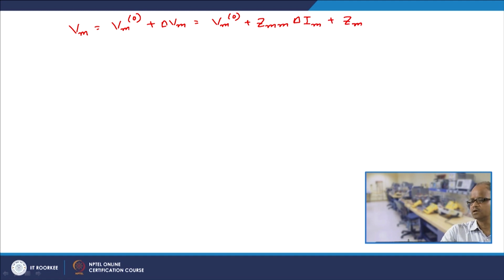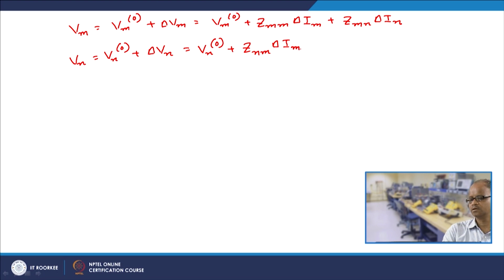So, then therefore, we can write down the final Vm is as usual Vm0 plus delta Vm. So, Vm0 is the initial voltage plus Zmm into delta Im plus Zmn into delta In. Similarly, Vn is equal to Vn0, that is initial voltage at bus n, plus delta Vn, which is equal to Vn0 plus Znm delta Im plus Znn delta In.